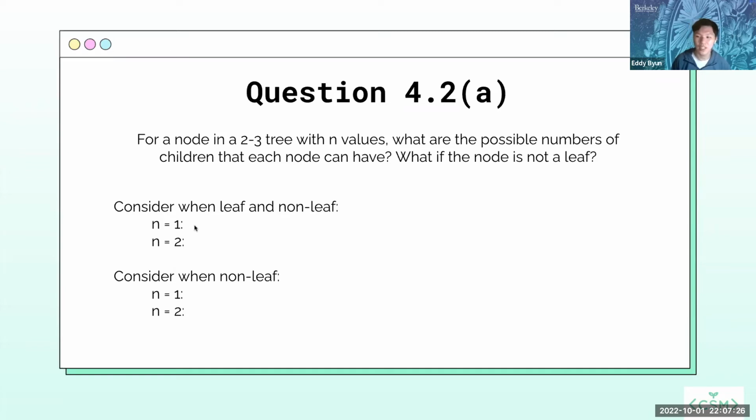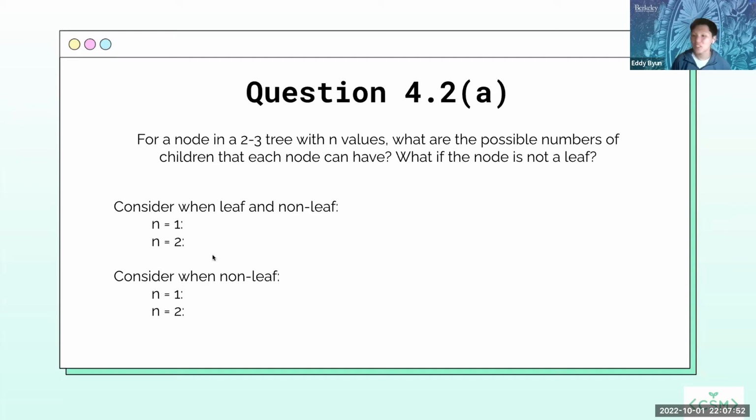When n equals 1, you can either have 0 or 2 children. But then recall that the only way a node can have 0 children is if it's a leaf node. So when we're considering non-leaf nodes, when n equals 1, there can only be 2 children.